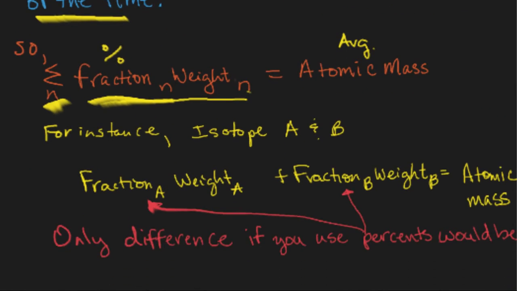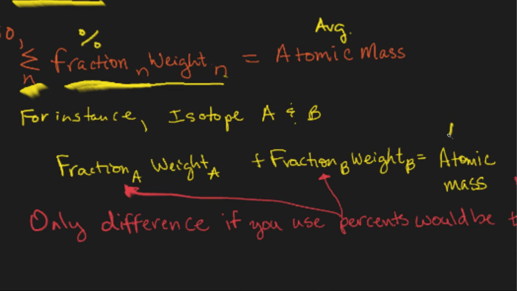So, for instance, if we have two isotopes, A and B, this could easily be the carbon-12, and this would be the carbon-13. It would be the fraction of carbon-12 always found in nature times the weight, which in this case would be 12, and you would add it to the fraction of carbon-13 times 13, and that would equal the average atomic mass of 12.011 in this case.